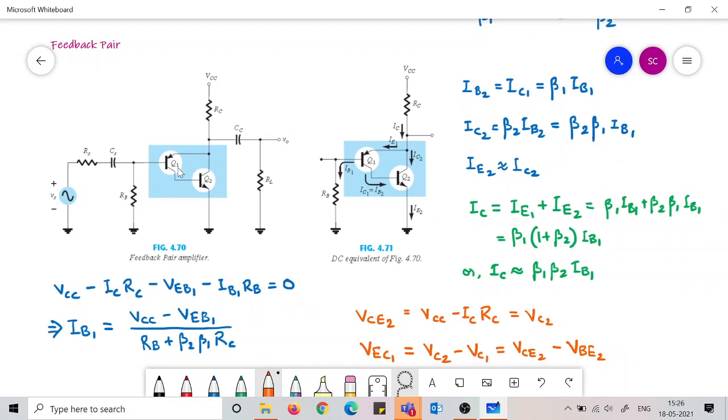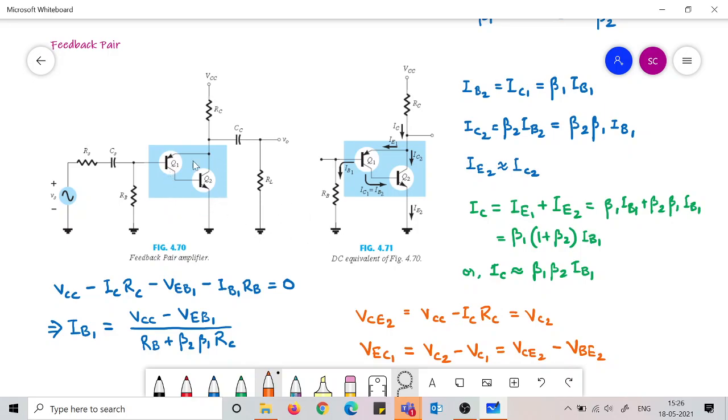Here one is NPN, another is PNP. That is the difference.